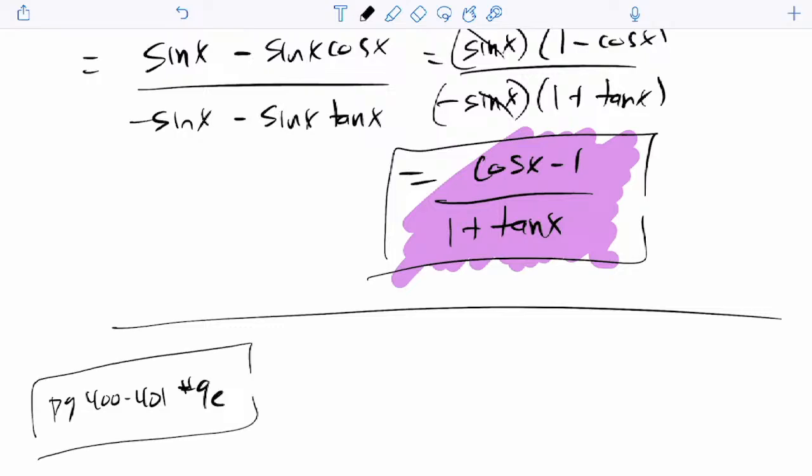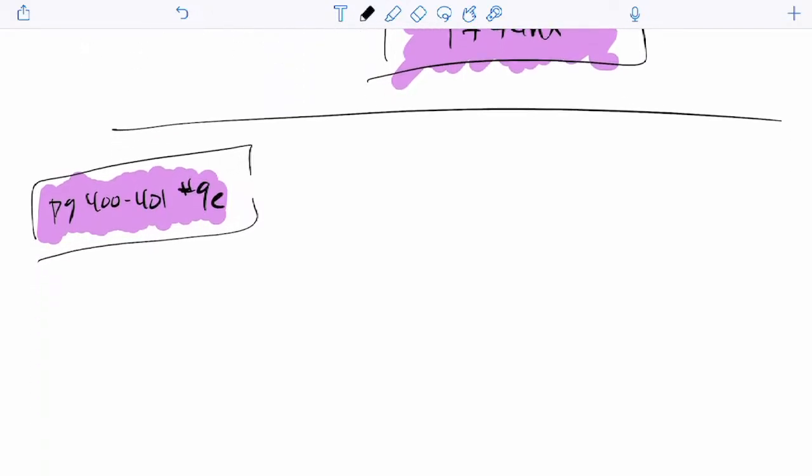So I'll wait till Tareem responds just to make sure the sine of theta plus sine of theta is root 5/3. I'll wait for Tareem. Okay, Emery, you want page 400. Okay, 400 to 401, number 9E. Okay, yeah, give me 1 second, Tareem. I'll help Emery and I'll do yours next.